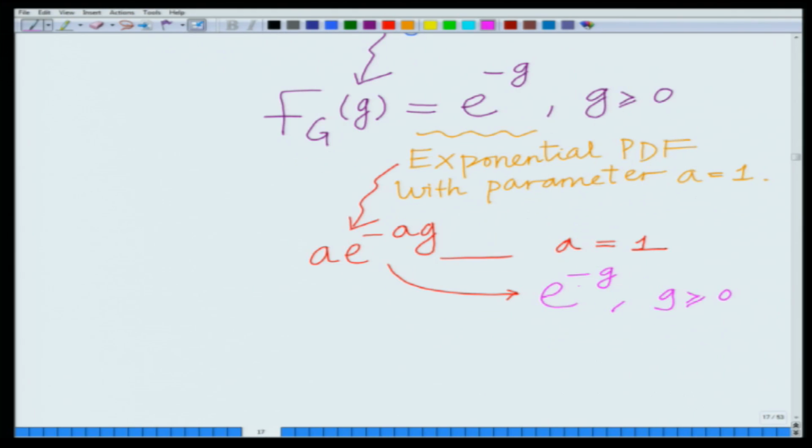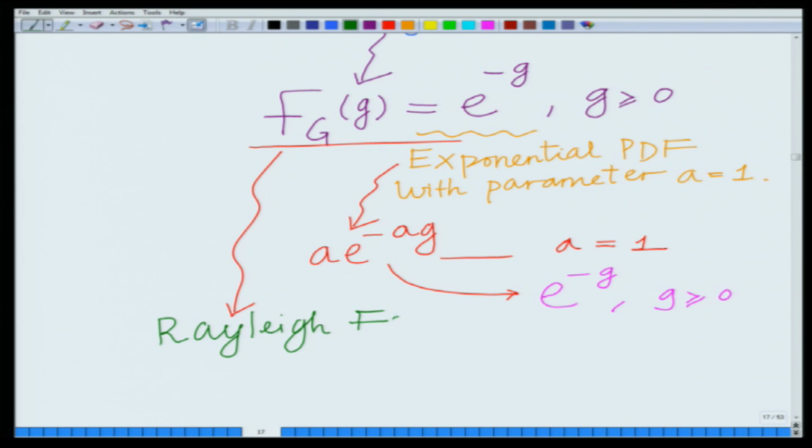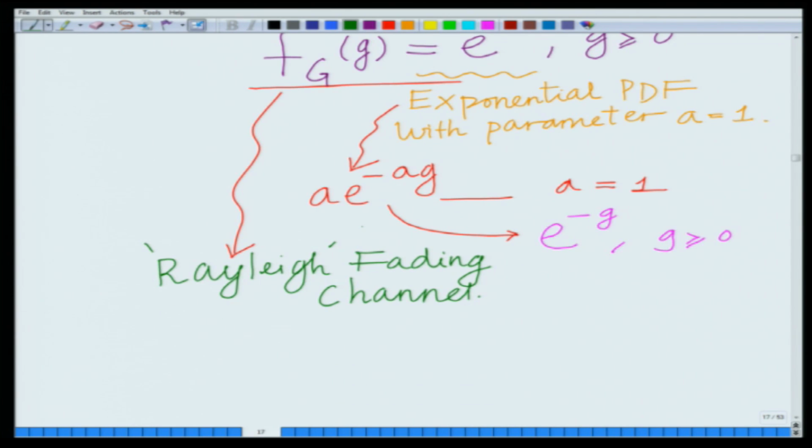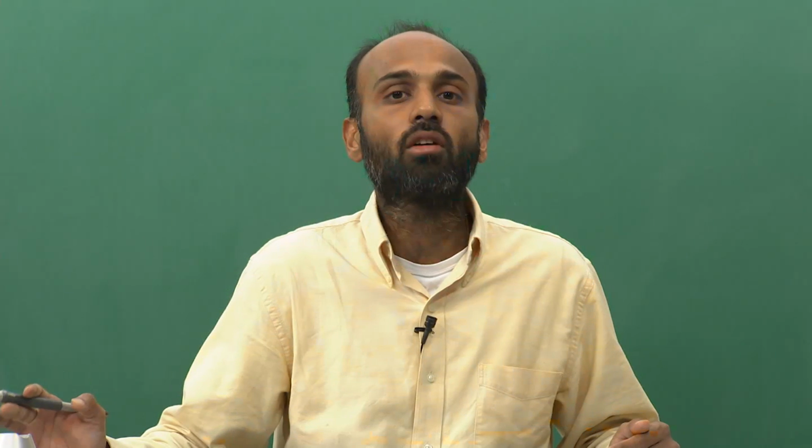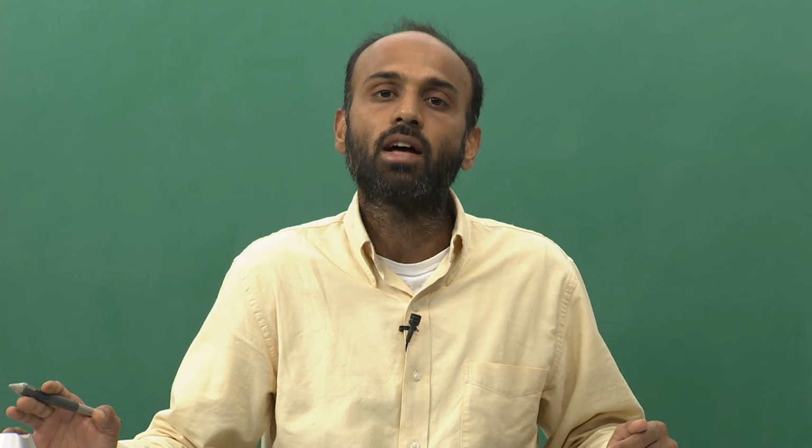This is valid for a specific wireless channel which is known as Rayleigh fading, which is a very popular model for wireless channels. This is known as a Rayleigh fading channel, in which the amplitude of the fading coefficient is Rayleigh distributed.